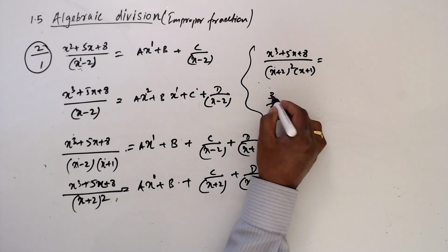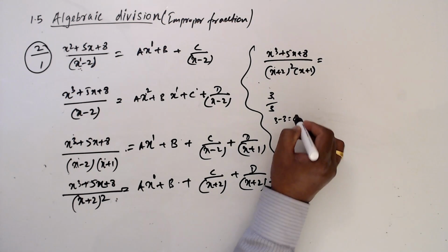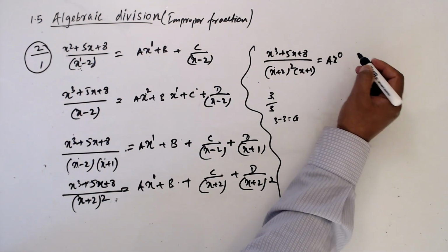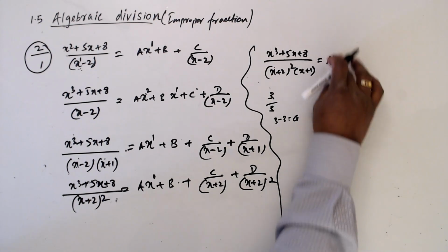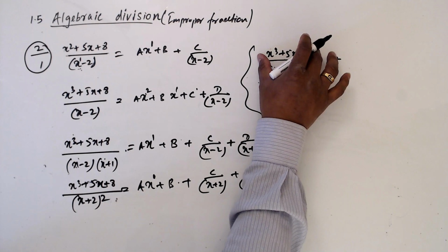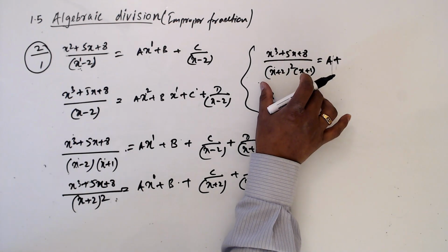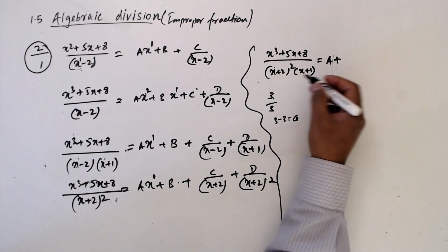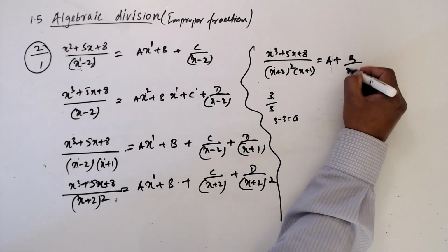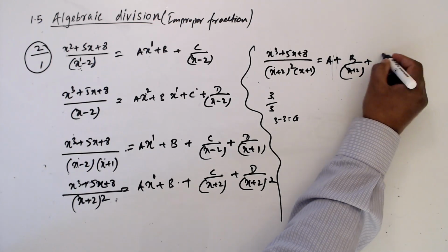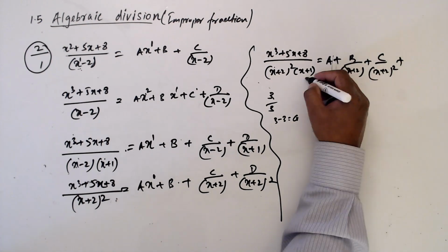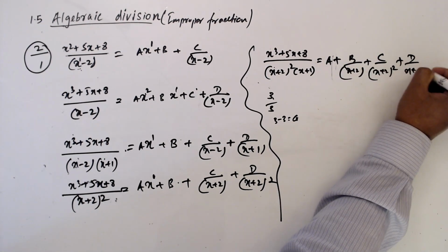So 3 over 3, what is the difference? 3 minus 3 is 0. Then x0, and x0 means constant. Just write a times x0, and x0 is 1. So just a constant. Then disregard the numerator and look at the denominator. Denominator, we know how to do it now: B over x plus 2 and C over x plus 2 square, and there's another linear factor, D over x plus 1.